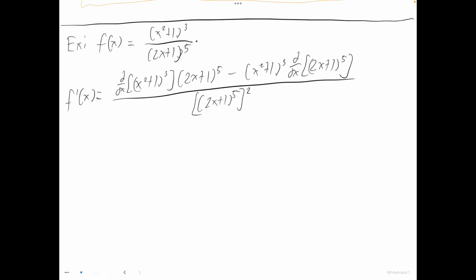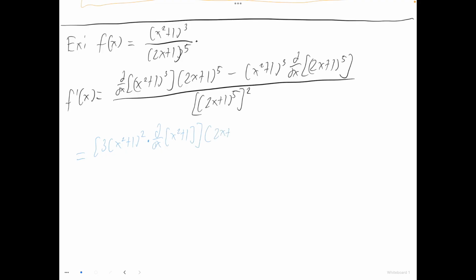And similar to what we did in the previous example, now we just need to compute these inner derivatives. So we have the derivative of x squared plus 1 cubed. So that's going to give us 3 times x squared plus 1 squared. That's the derivative of the outer function with the inner function plugged in, times our derivative of the inner function, which is x squared plus 1.